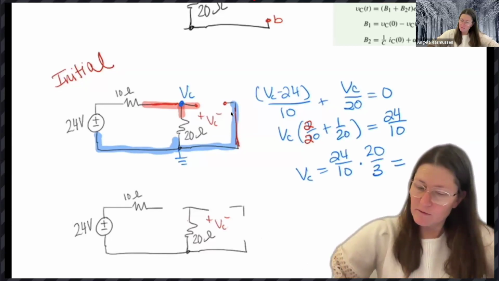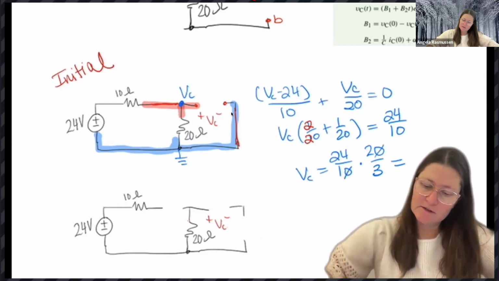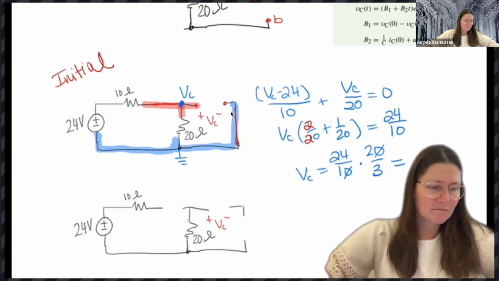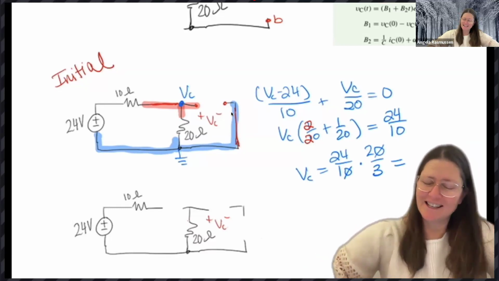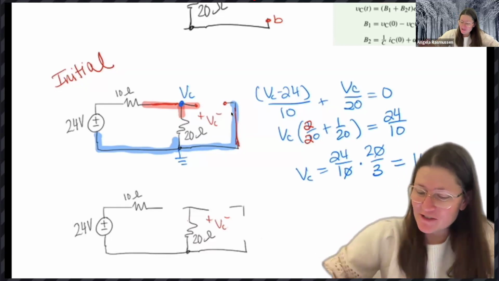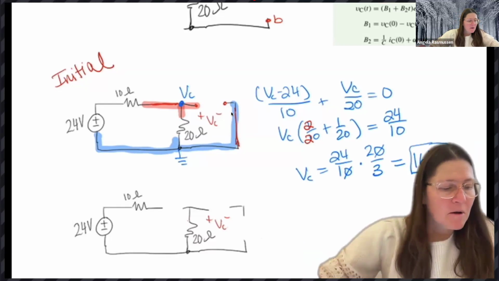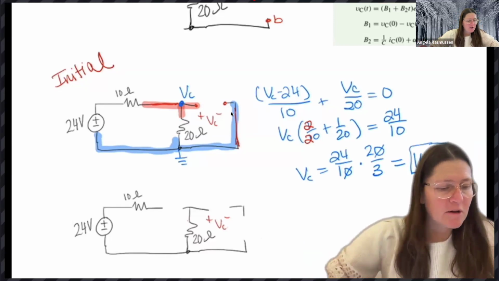And so, let's see, 2. And then this goes in 8, right? 8 times 3. There we go. So 16 volts. So this will be my initial value for VC.